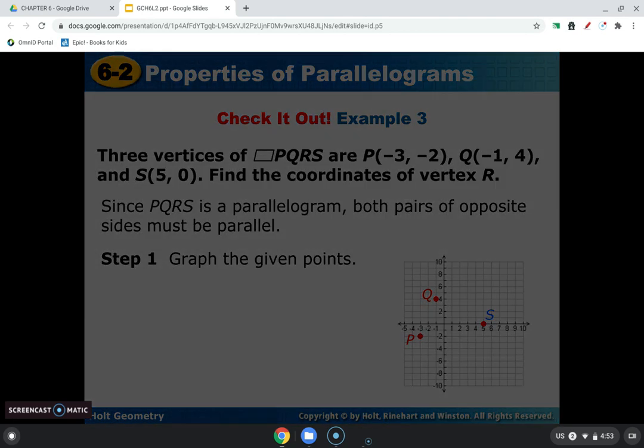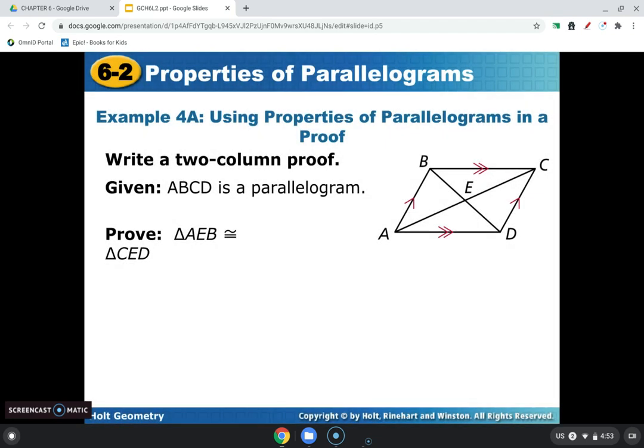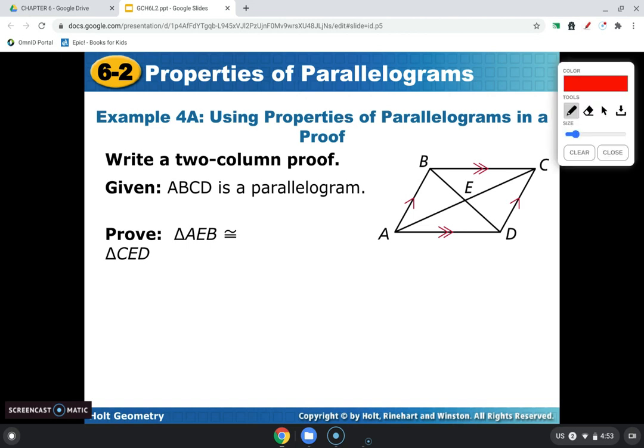All right. A little proof here. ABCD is a parallelogram. Prove that AEB is congruent to CED. Well, we're trying to prove those two congruent, and we know we've got a parallelogram. There's a bunch of different ways you could do this.